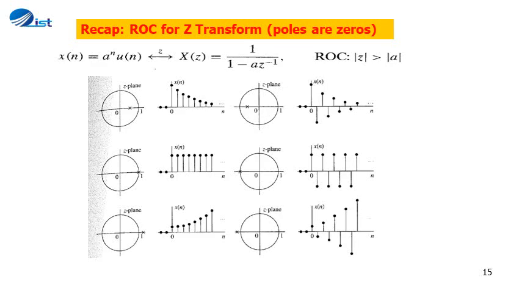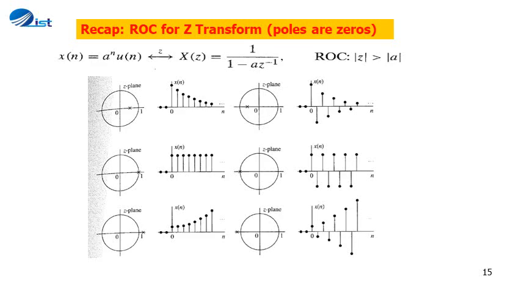When it is inside the unit circle, the corresponding time domain sequence is decaying. If it is on the unit circle, the corresponding time domain sequence is just a unit step, and if it is outside the unit circle, the time domain sequence is increasing in magnitude.